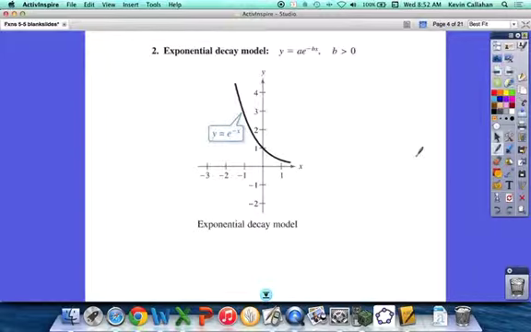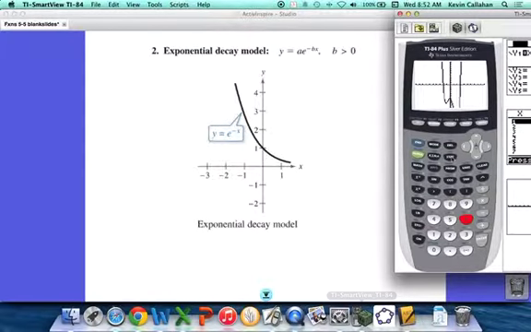If you had data that you suspected could be modeled with an exponential function, you would probably put the data in your calculator and look at the scatter plot. It looks like it could be exponential. And then you could go to the calculator in the same menu that we use to do linear, quadratic, cubic, quartic. If you go to the bottom of that menu, the 0 option is for exponential.